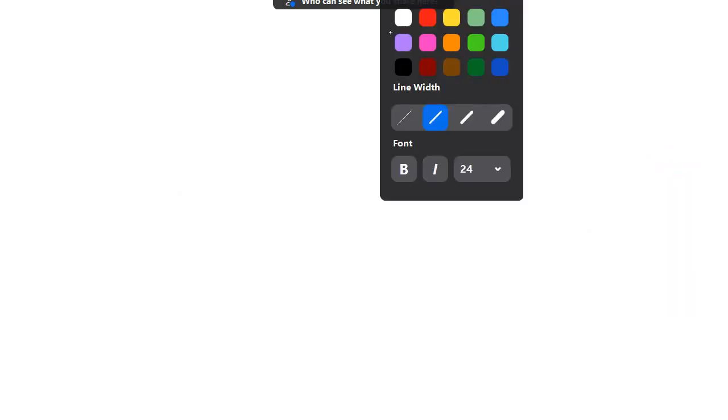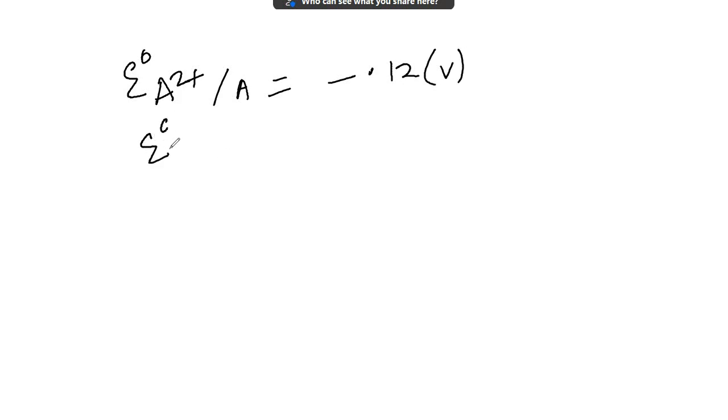I have already discussed E naught A2 plus to A is minus 0.12 volt, and E naught B plus to B is minus 0.04 volt. For finding the standard EMF, what should I do? Reduction at right, I will use the formula.